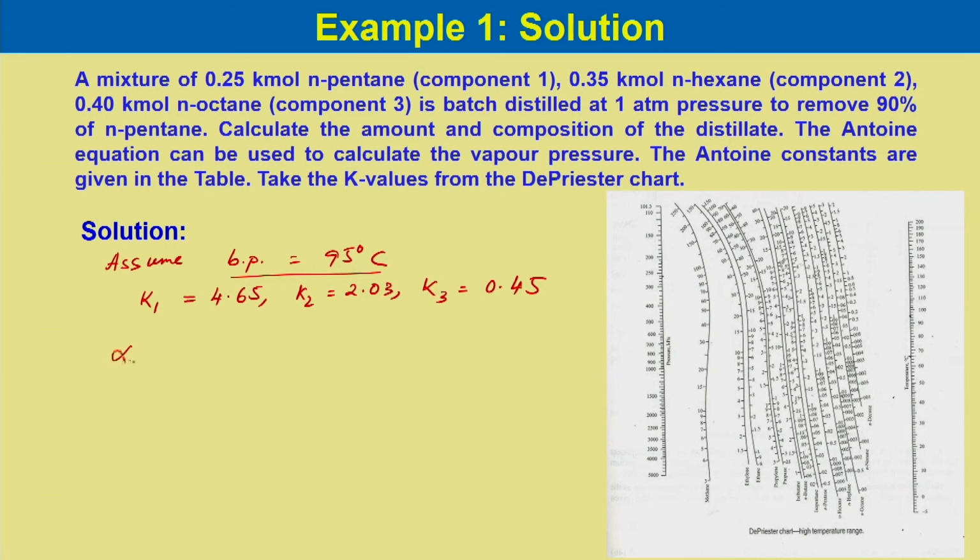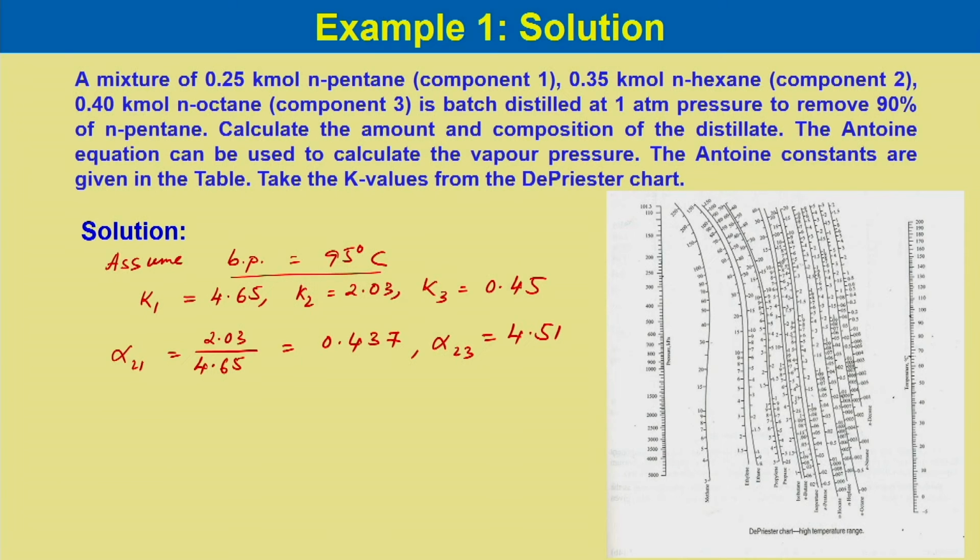Now, we can calculate alpha 21 would be equal to 2.03 by 4.65, which is equal to 0.437, and alpha 23 would be equal to 4.51.